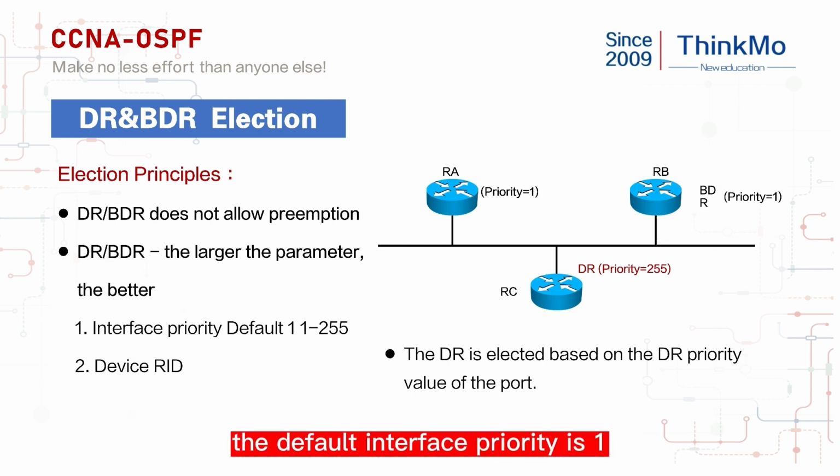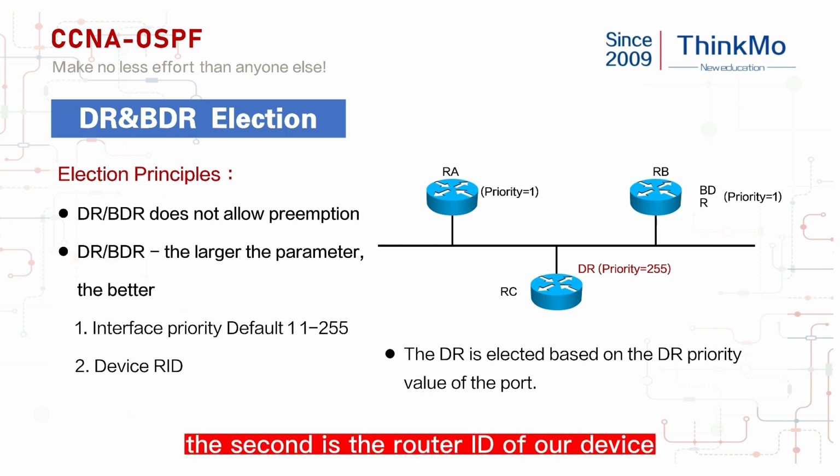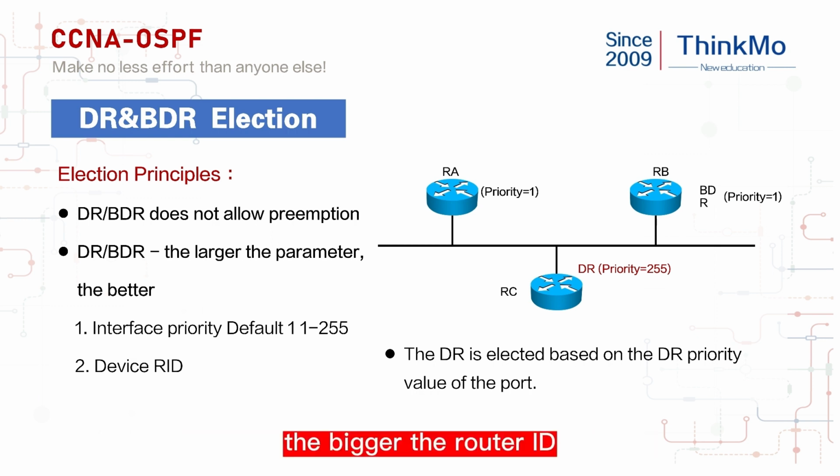The default interface priority is 1, and the range is 0-255. This is one of its rules. The second is the router ID of our device. The bigger the router ID, the better. These are the two comparison parameters. Bigger is better. We will adjust the configuration later.